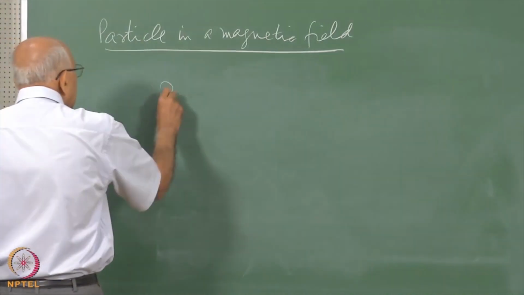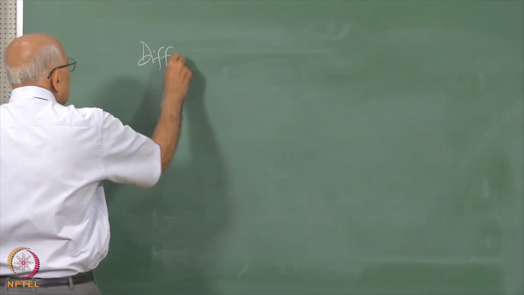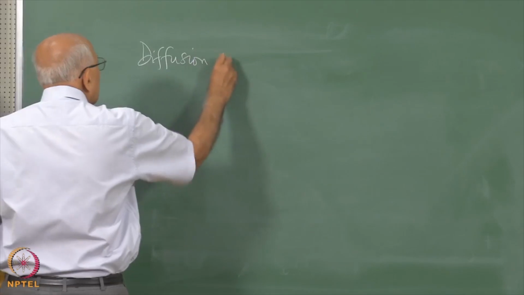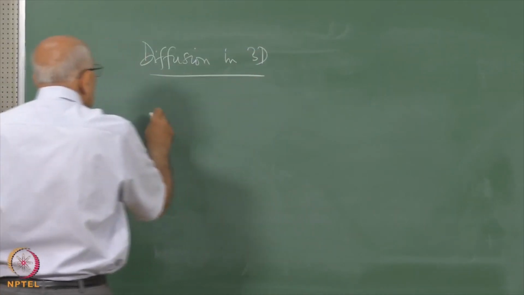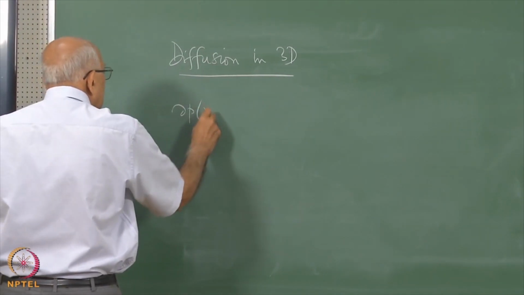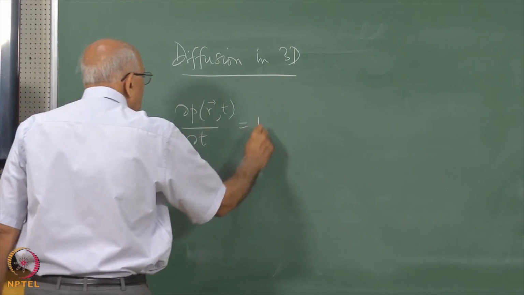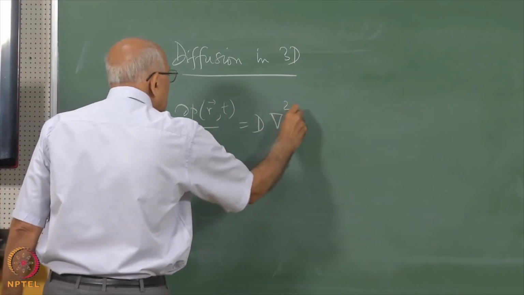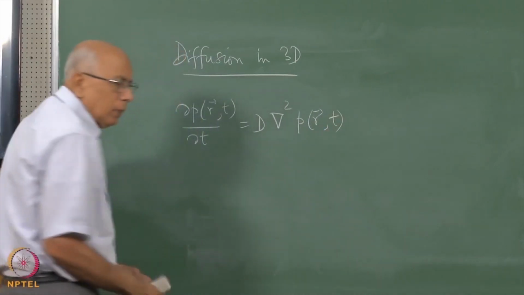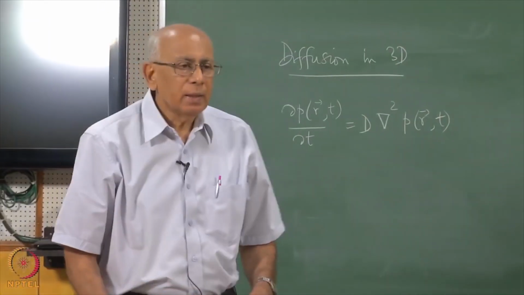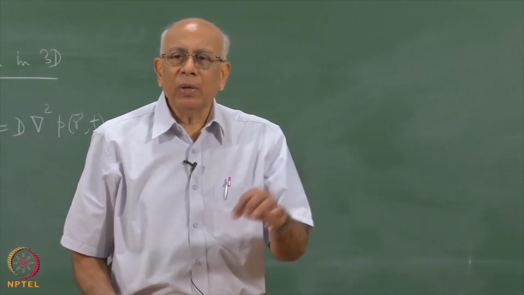So, you have diffusion in 3 dimensions: delta p of r, t over delta t equal to D del squared p of r, t. I am interested in asking what is the equation obeyed by the distance from the origin.